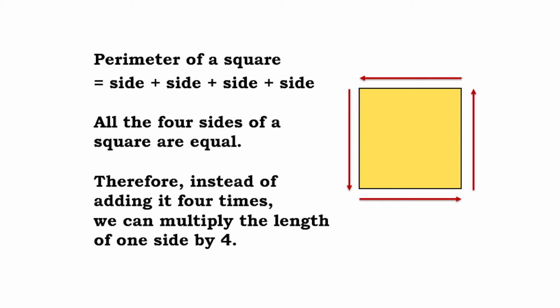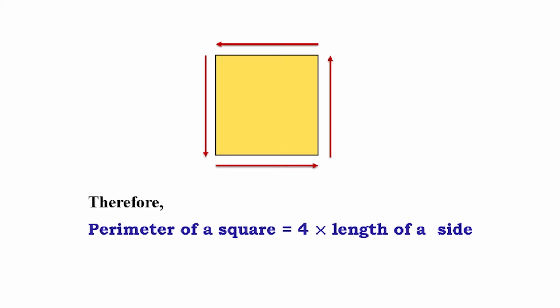And we know that all the four sides of a square are equal. Therefore, instead of adding it 4 times, we can multiply the length of one side by 4. Therefore, perimeter of a square will be equal to 4 multiplied by length of a side.